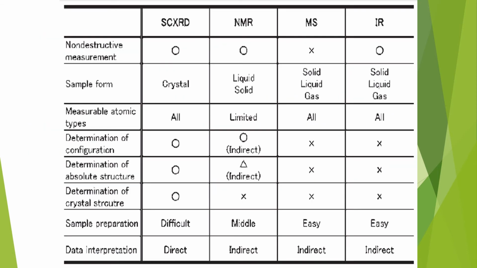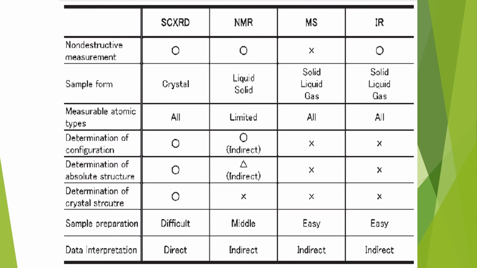Here is a chart that has some comparison between the different techniques, single crystal XRD, NMR, MS, and IR, and how we can determine the properties of a crystal by using these techniques. These are all discussed here relatively: which one of them is a non-destructive measurement technique, for which technique we have to prepare the sample, and whether the sample should be in the form of crystal, or liquid, solid, or gas.